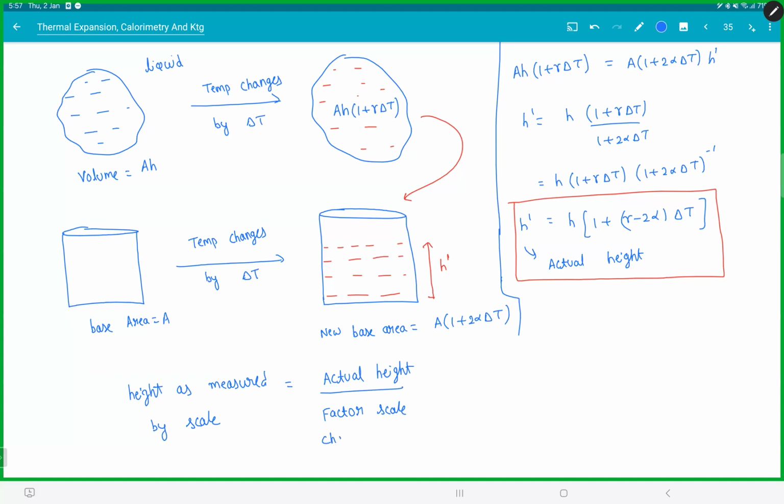So the actual height is h dash and the scale is changing by a factor of 1 plus alpha delta t. So this would be h into 1 plus gamma delta t by 1 plus 2 alpha delta t into 1 plus alpha delta t. Again, if I do the binomial approximation, I'll get 1 plus gamma minus 3 alpha delta t. There, here you're getting 3 alpha. This is your reading of the scale.